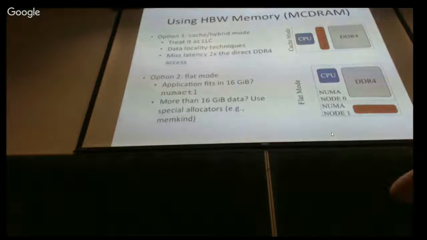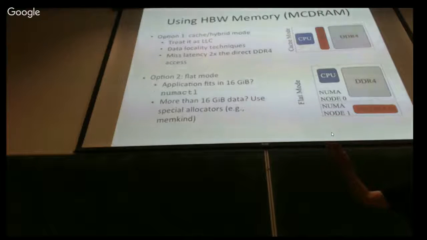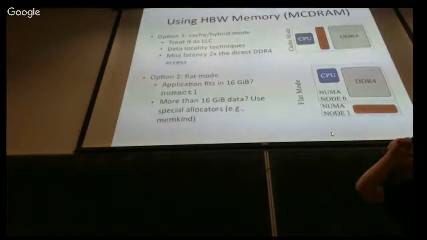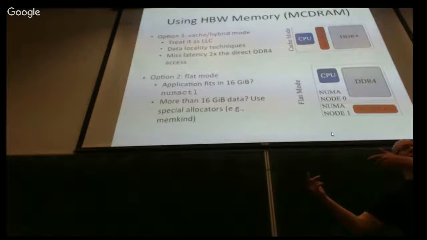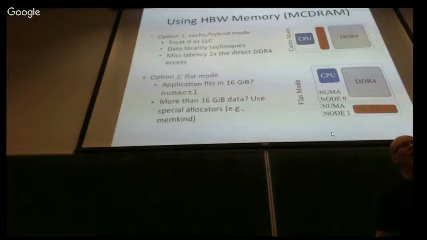Because what I've seen people do, and very few people have had access to KNL, so this is all still very new, but from the people that I've talked to that have had access to KNL, one mistake that they often make is they use the Fortran directives, but they forget to link to the Memkind library, and then they don't get any benefit from MCDRAM that they're expecting, and they're wondering what's going on. Okay? So bear that in mind.